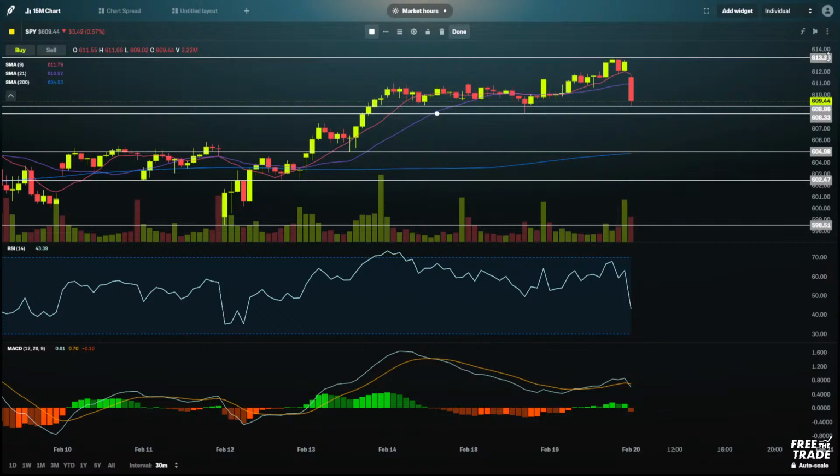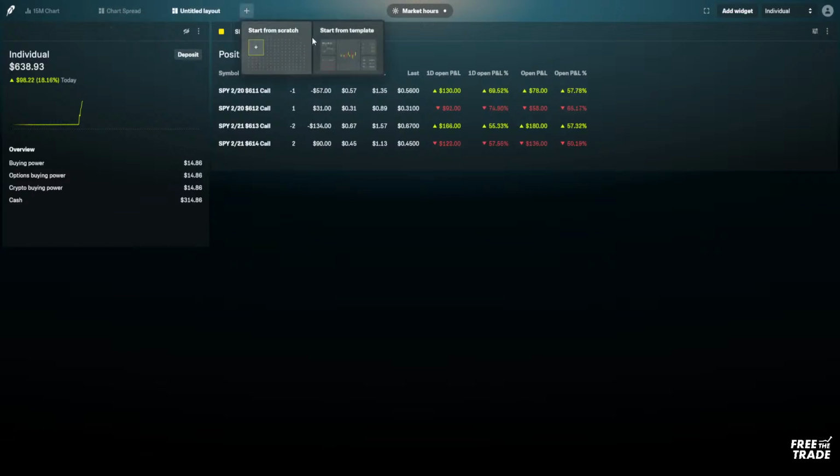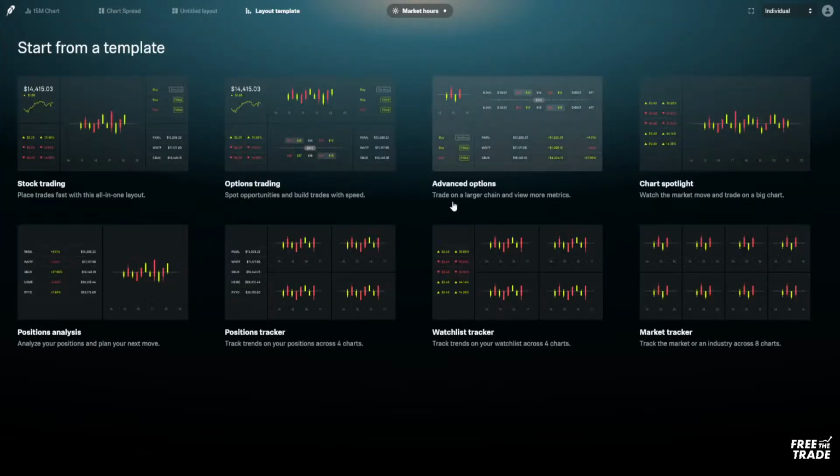I would place trades around 613, 614, and then the other bottom limit would probably honestly be 602.47. It's probably 602.47. I don't know that I would feel comfortable placing it at a 605 right now, or a 604. I don't know, it's hard to say. Let me see here what we got.